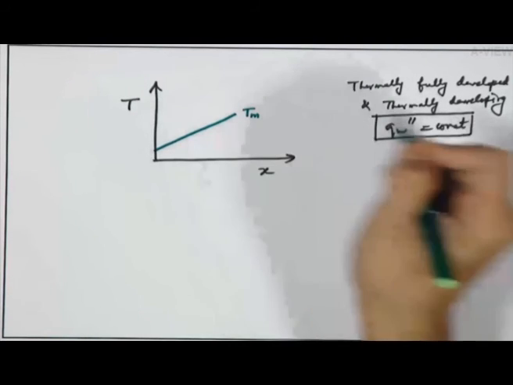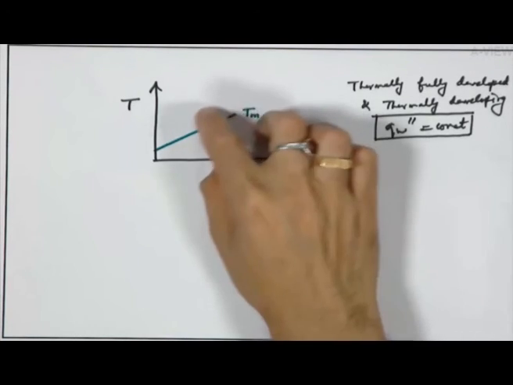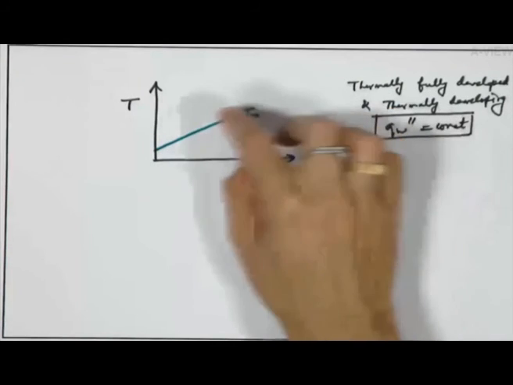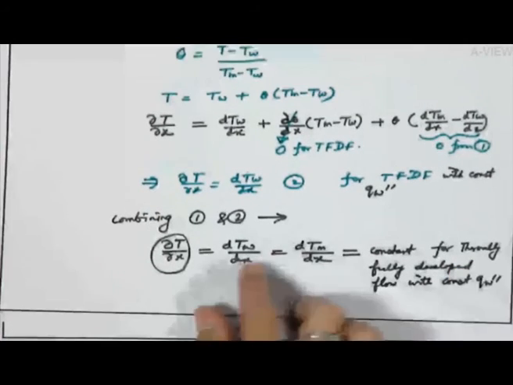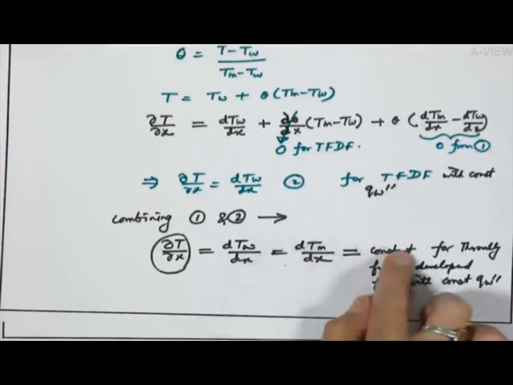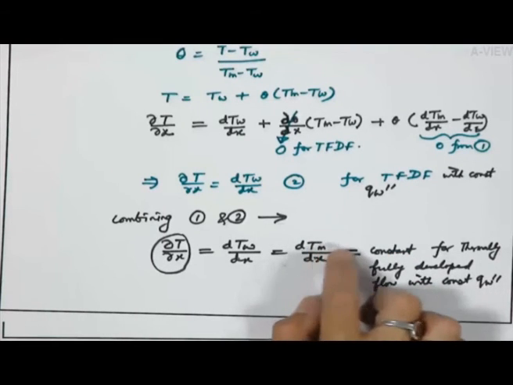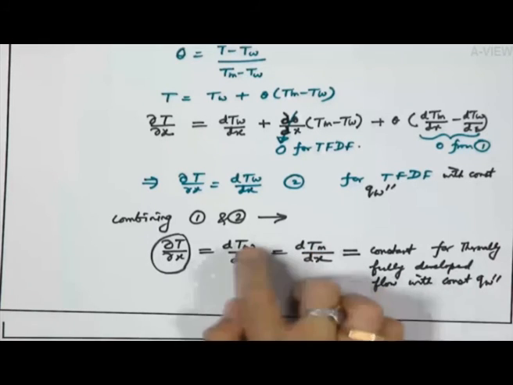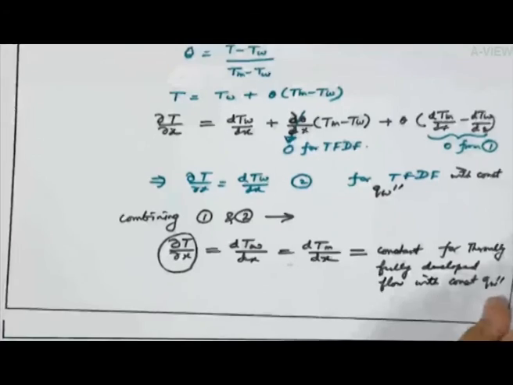So this is Tm. How will T wall be? Now, dT wall dx is equal to dTm dx, that means those two are parallel straight lines. Look at this expression, dTm dx equal to dT wall dx equal to constant, dT dx is constant means T versus x is linear. So these two are straight lines with the same slope if the flow is thermally fully developed.